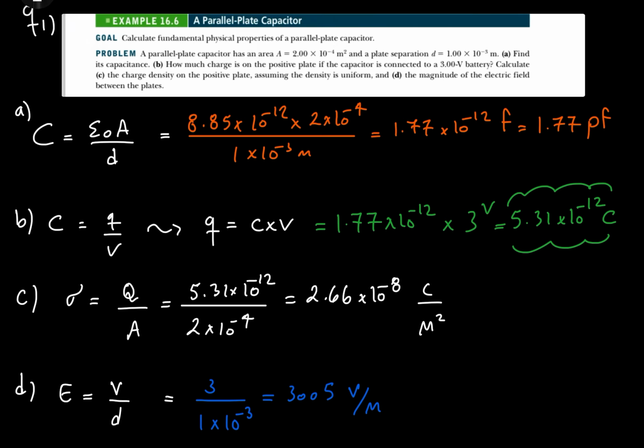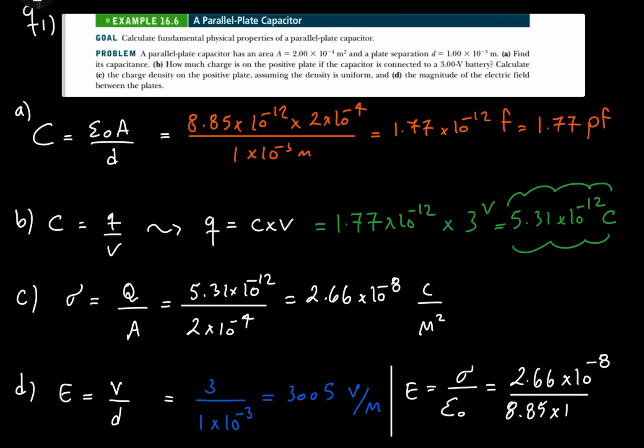Now, you can also find the electric field using the formula I taught you in the last part. Electric field is going to be the charge density, or sigma, divided by epsilon 0. So you can divide 2.66 times 10 to the power of negative 8 by epsilon 0, which is 8.85 times 10 to the power of negative 12.